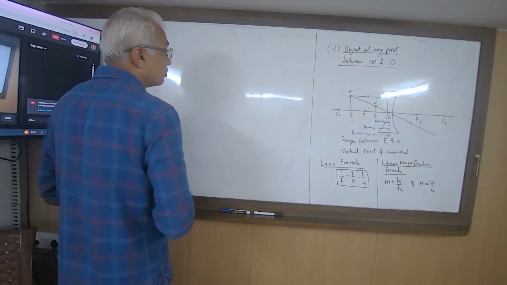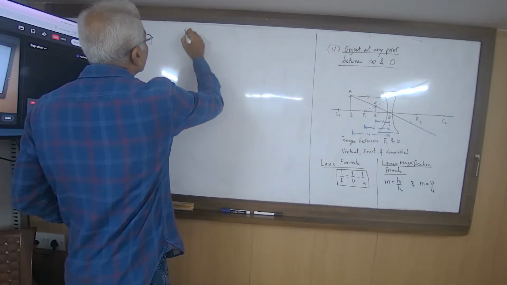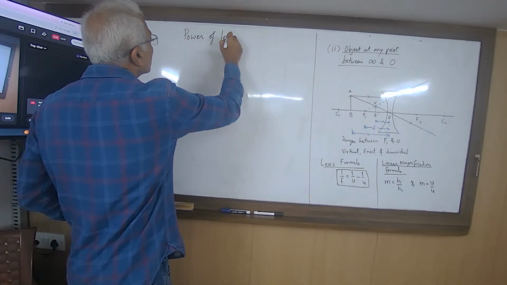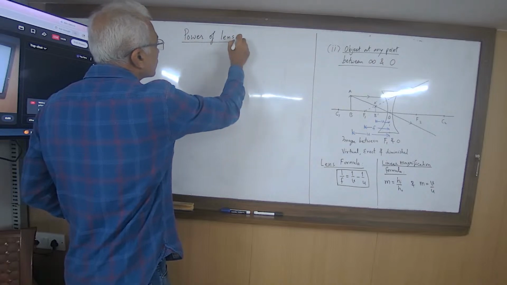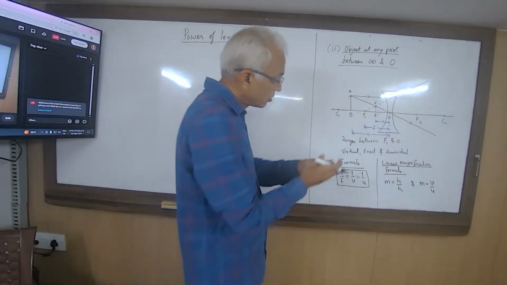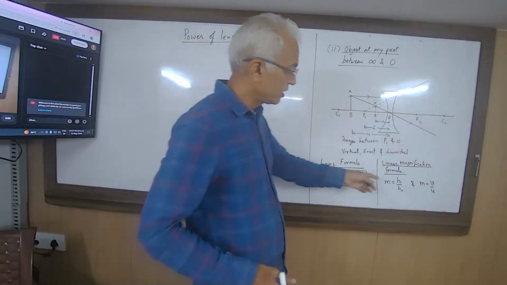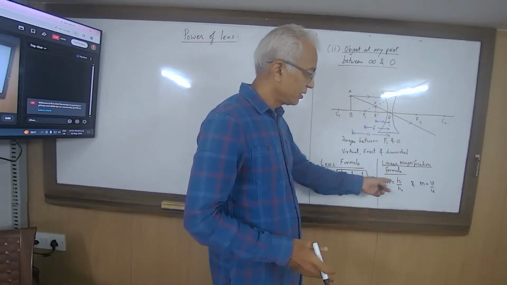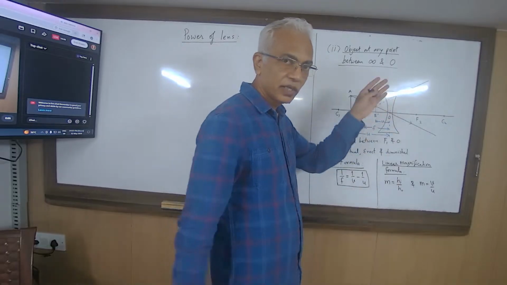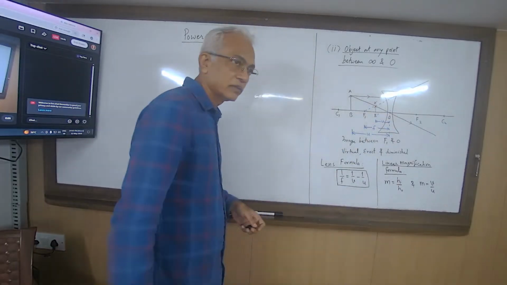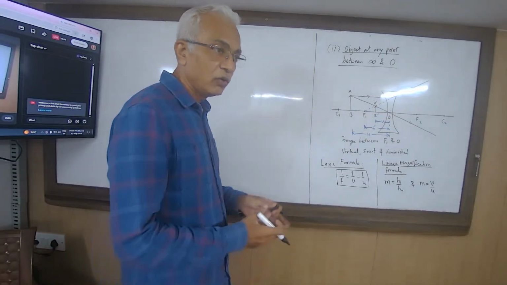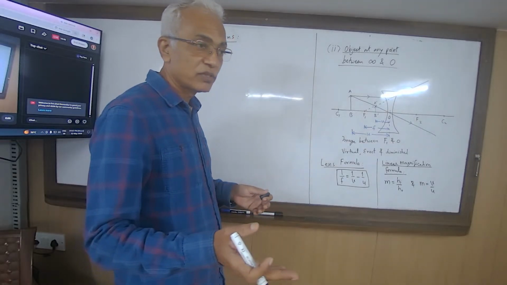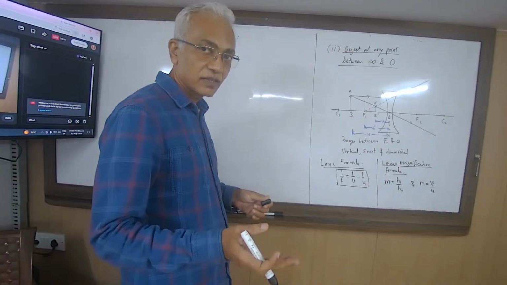Now we need to understand power of a lens. Why do we say linear magnification? Because the size is a length, height in meter, centimeter, whatever, so it increases the height. That's why linear. There could be angular magnification also, which you will be introduced to in higher studies.